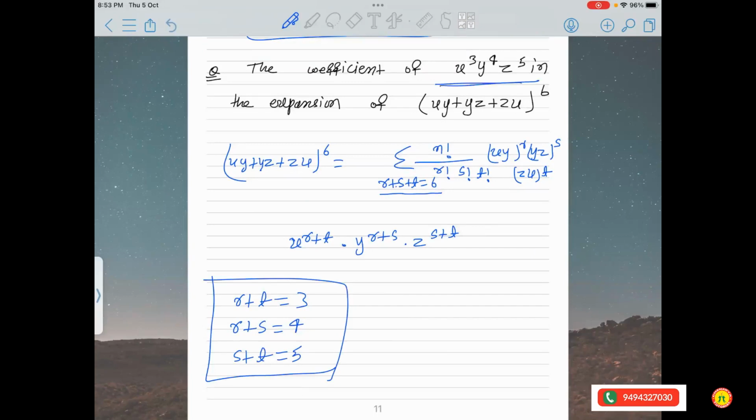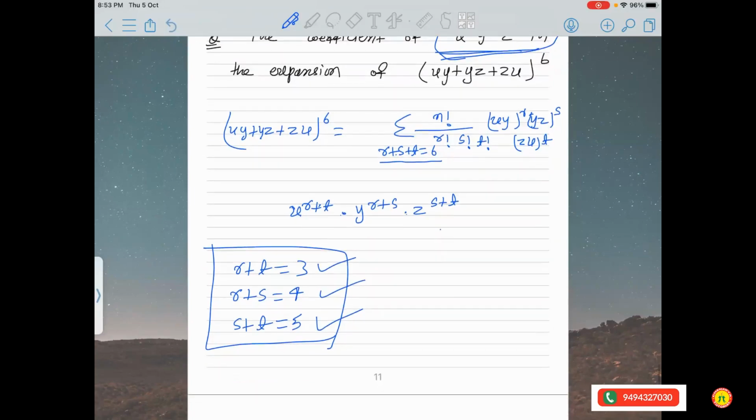We separate x power r in (xy) power r, (yz) power s, (zx) power t. So x power r into x power t is x power r plus t, similarly y power r plus s and z power s plus t. We need to find this power of x cube: r plus t equals 3, r plus s equals 4, and s plus t equals 5. Three equations, three unknowns. We can solve easily.